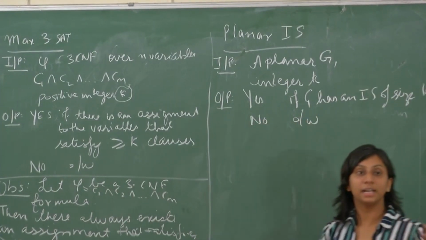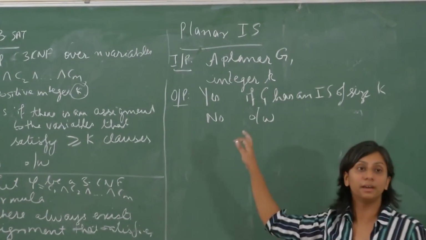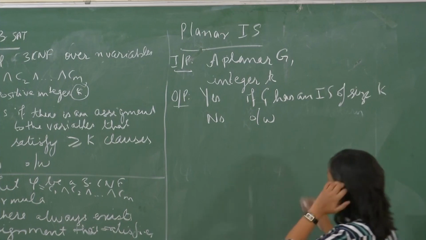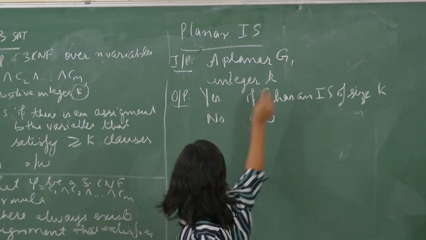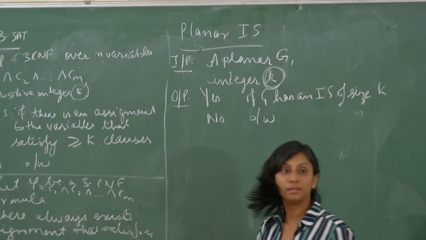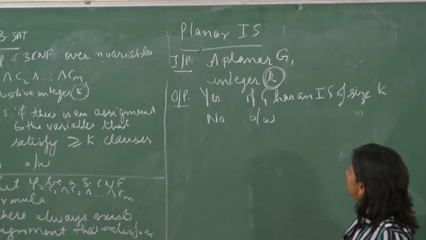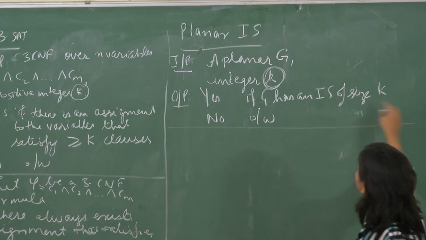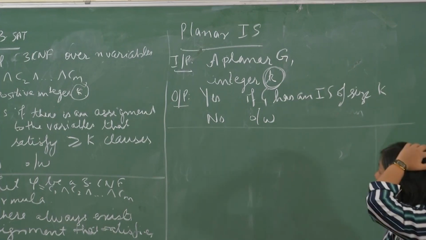So it's the standard independent set problem, but the input is now a planar graph. Okay. So again, the parameter here is k. Okay. So let's see. What can you say for independent set?